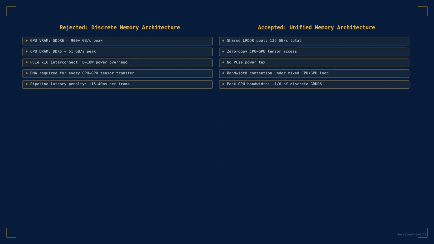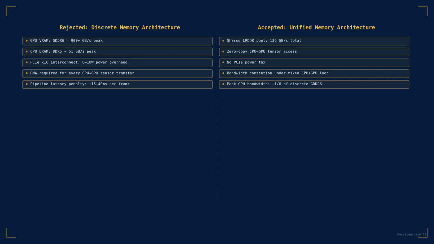The rejected alternative is exactly the discrete configuration that dominates data center hardware. The accepted trade-off is a single shared LPDDR pool, 136 GB/s on current implementations, split dynamically between CPU and GPU workloads. Peak GPU bandwidth is roughly 1/6 of a discrete card.